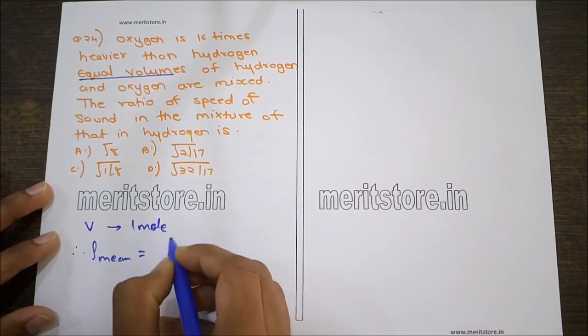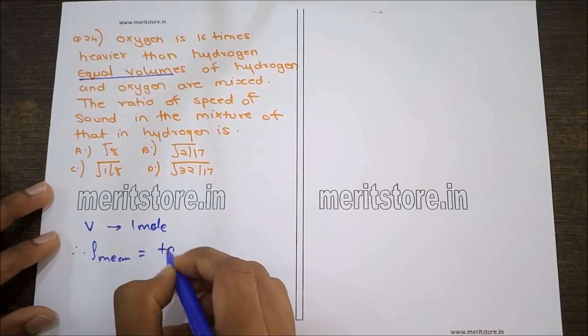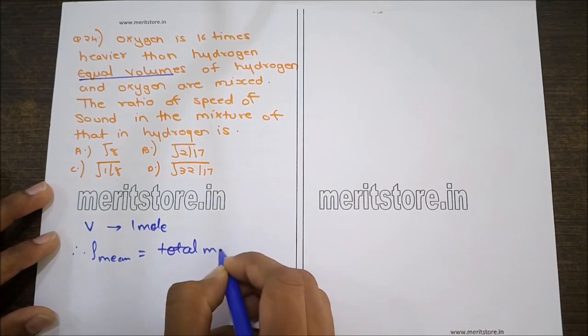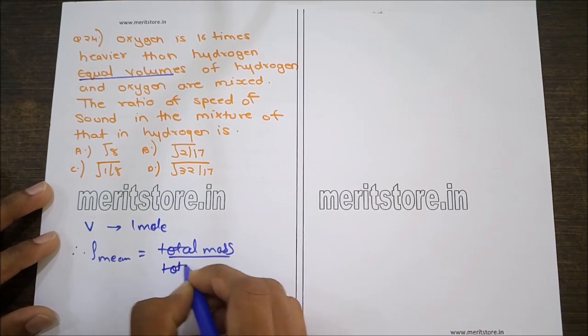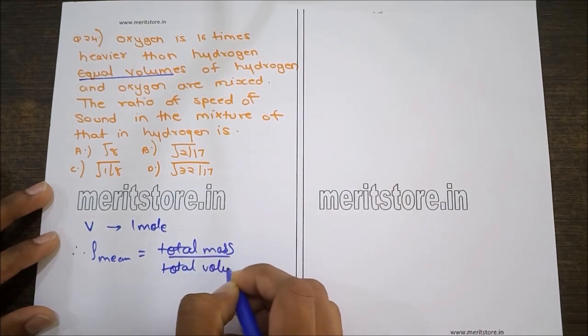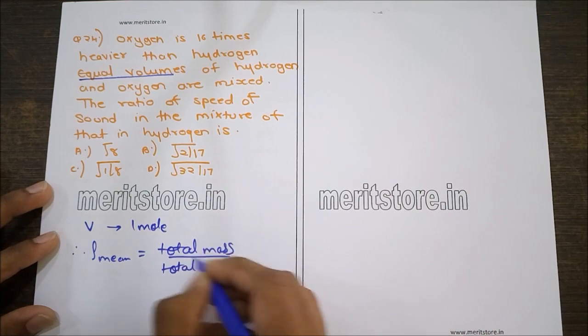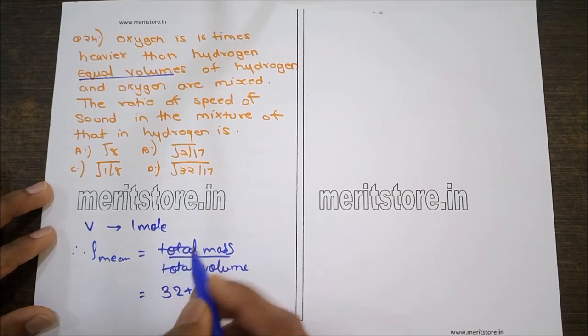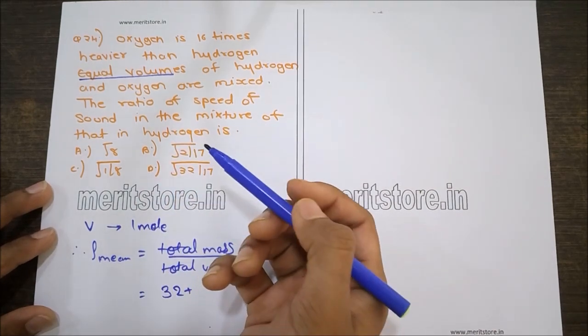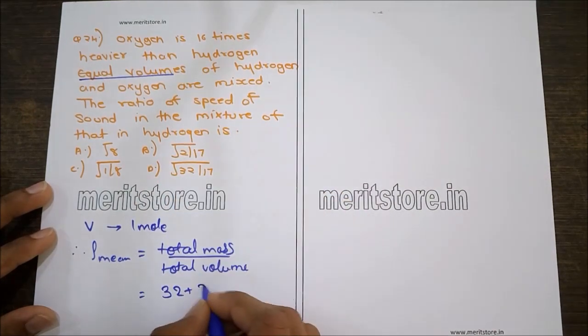mean density of the mixture becomes total mass upon total volume. So mean density of the mixture is nothing but total mass upon total volume, that is 32 plus 2, where 32 is the molecular weight of oxygen and 2 is the molecular weight of hydrogen, upon total volume, that would be 2V.